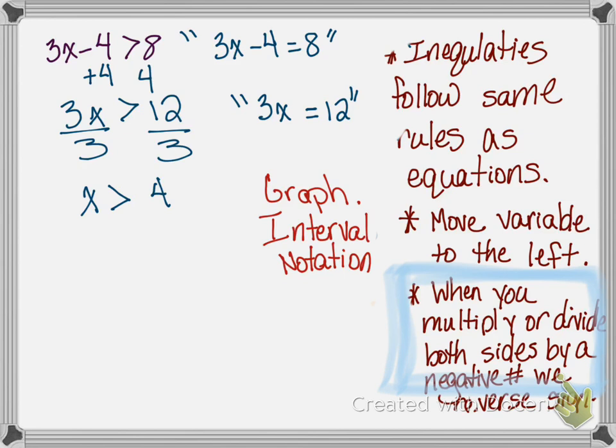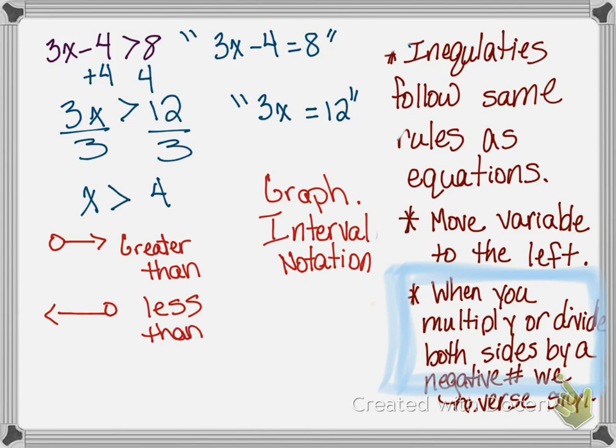If you think back to high school, you likely used open circles and closed circles when you were graphing. An open circle with an arrow going to the right is associated with greater than. An open circle going to the left is associated with less than.